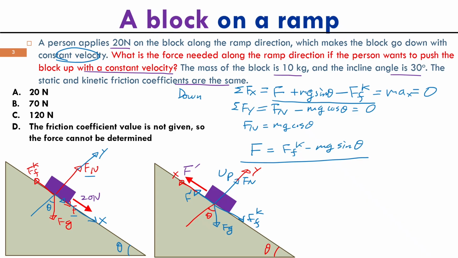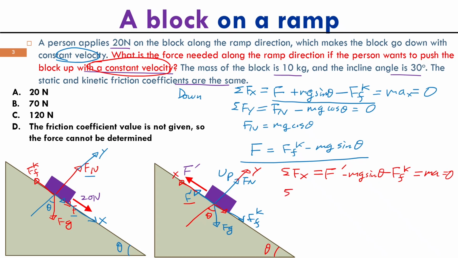So what's the net external force along the x direction? Sigma Fx equals the applied force F prime, minus the gravity's component along the ramp, so minus mg sine theta, because mg sine theta is going down, and then minus the kinetic friction force, which equals mass times acceleration, which equals 0, because I want my upward motion to also have constant velocity.